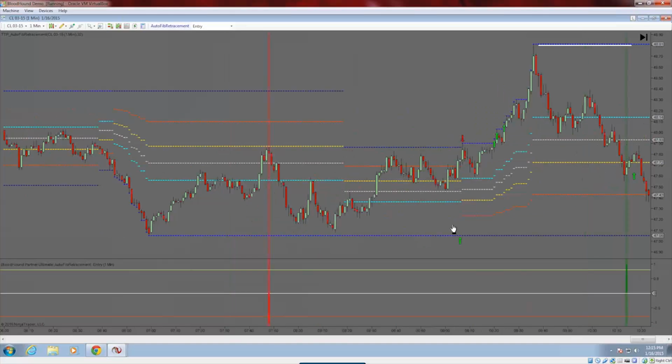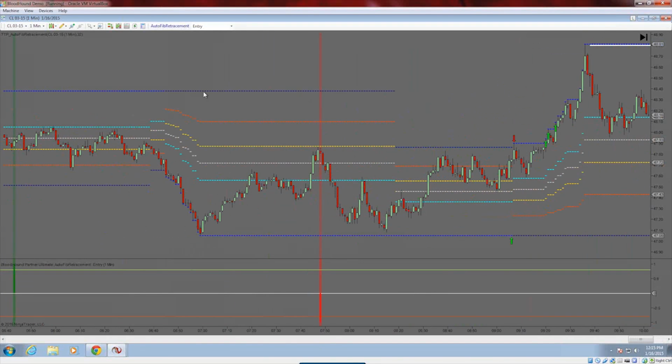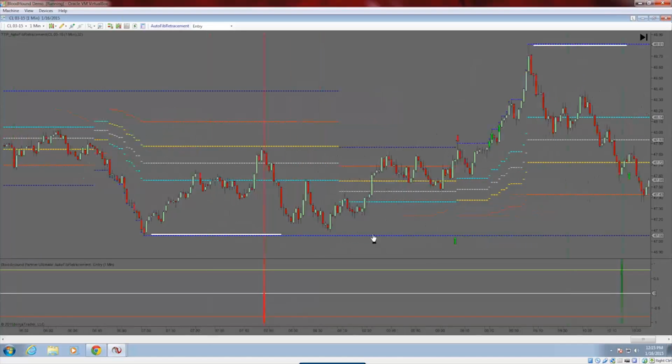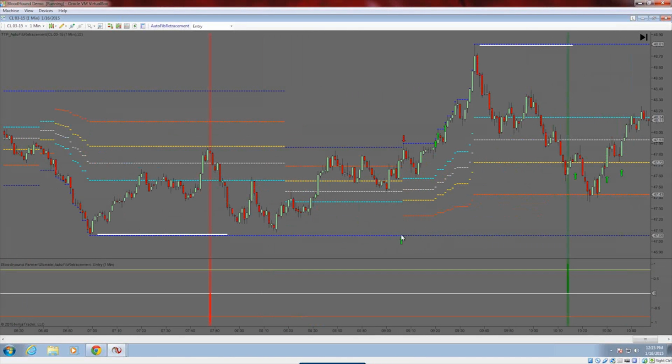As I scroll back here, you see we have the 0% line going flat here, and then we get one retracement right to the 61.8, turns down, we get a short, and we're going to be blocking all subsequent signals until this 0% line shifts. It does so right here where it shifts from this bar to this bar.